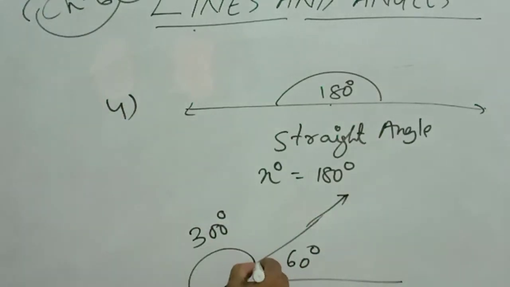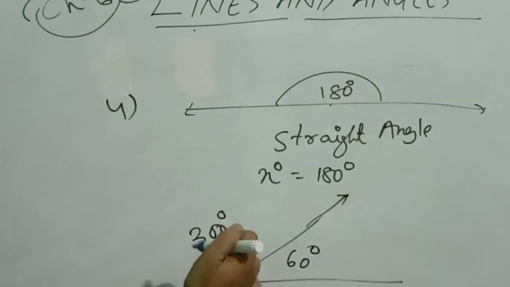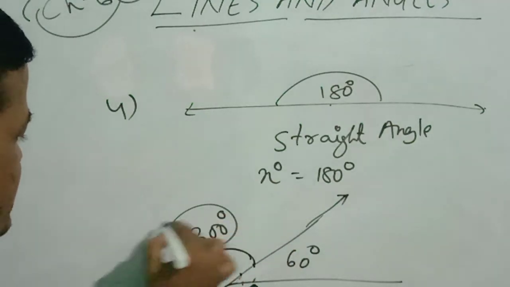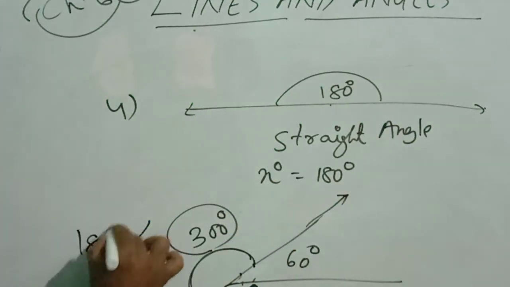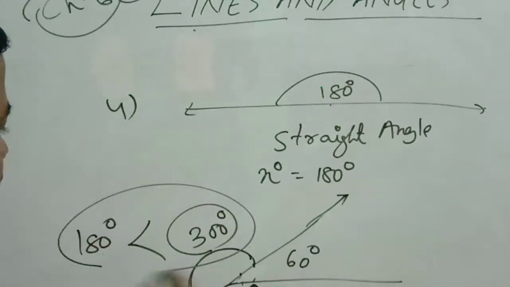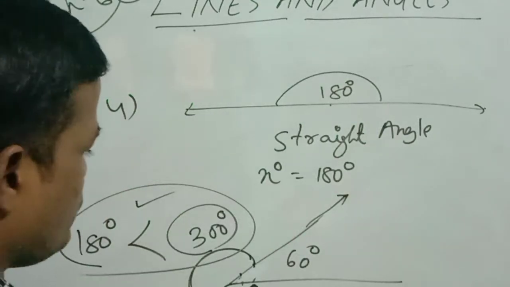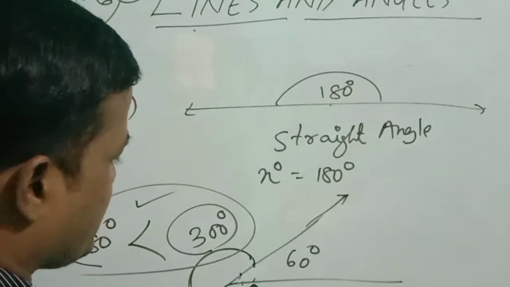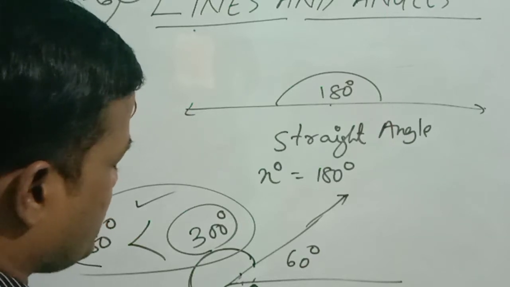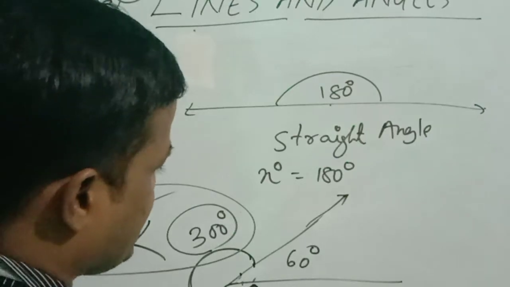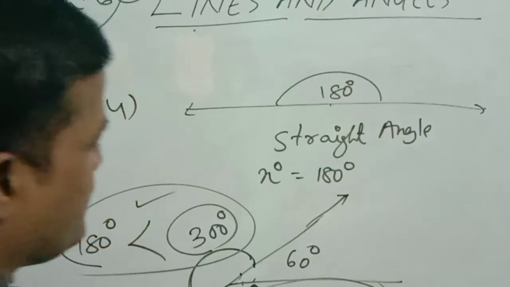If this is 60 degrees, then we are talking about this outer angle. In this case, this angle is greater than 180 degrees. This angle is called a reflex angle. Its value is greater than 180 degrees but less than 360 degrees.